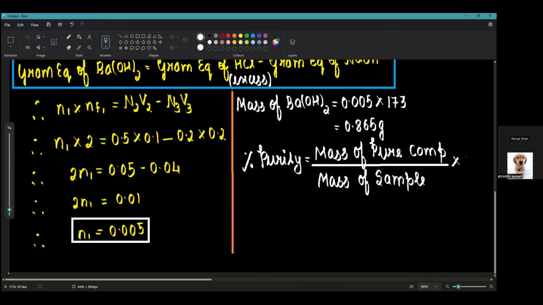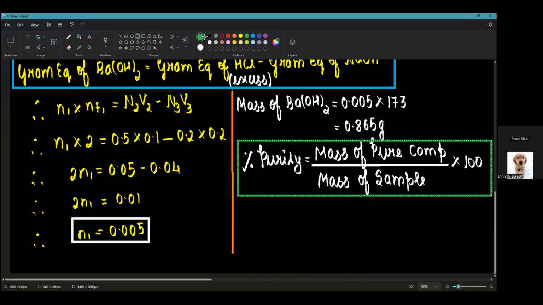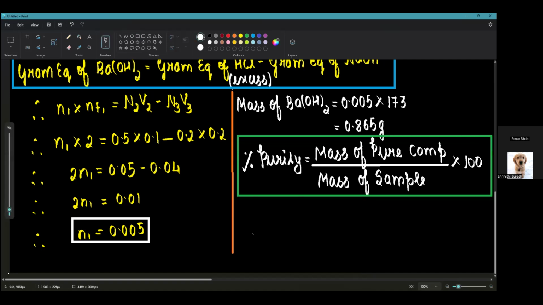So this is the formula for the purity of a sample. Whenever you want to find the purity of any sample, this is the formula that you should look for.